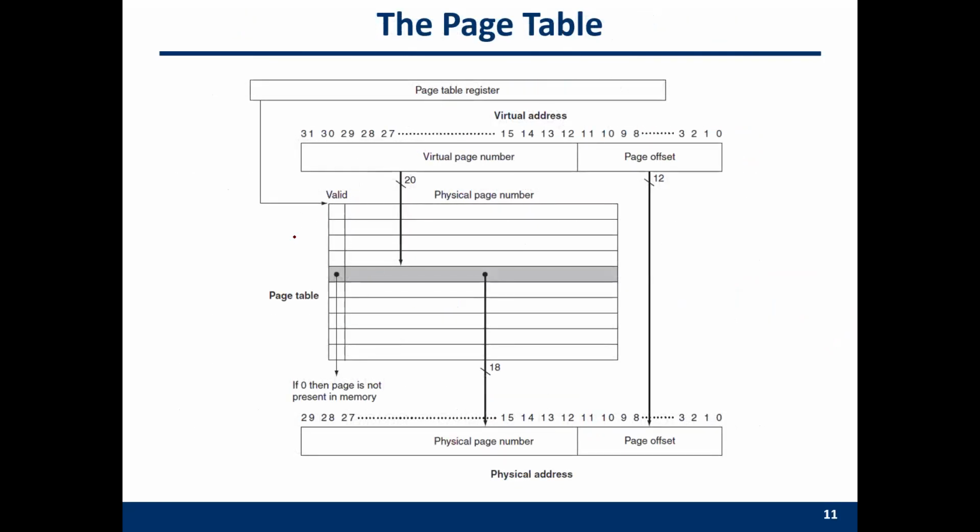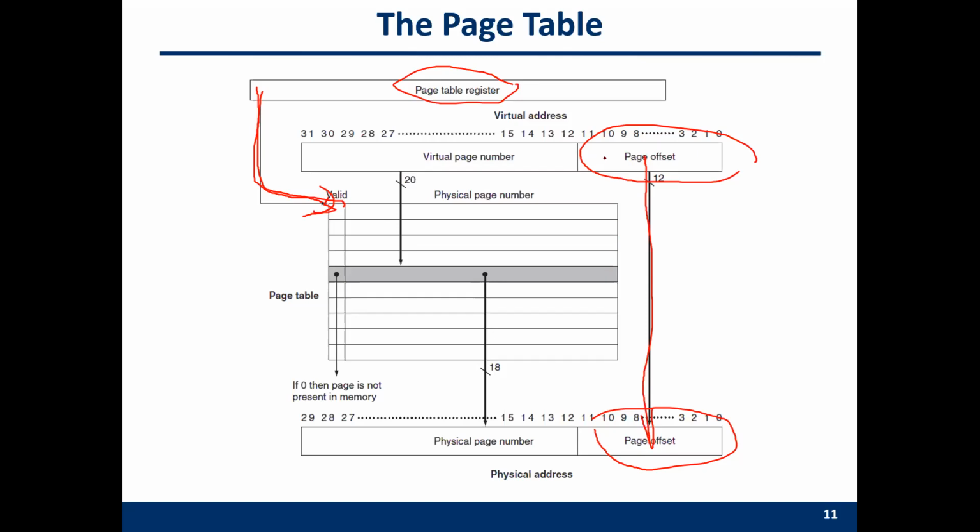So this is one example of a page table. The page table register records the starting point of your page table. Because the page offsets are the same, the content inside each page does not need to be translated. You can directly copy the address from here to here.